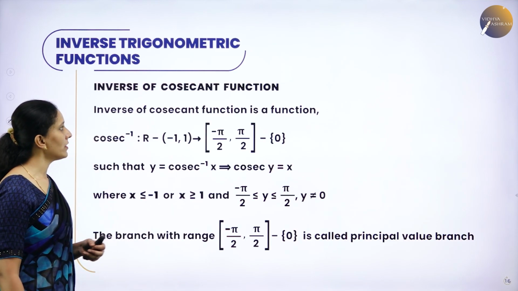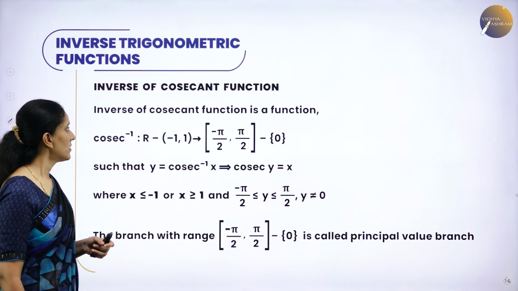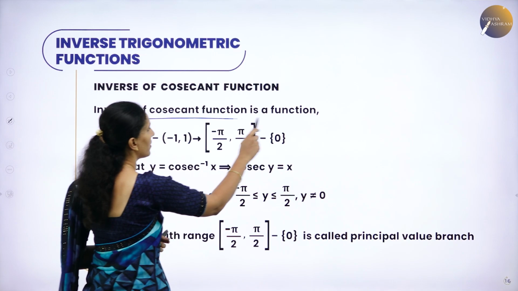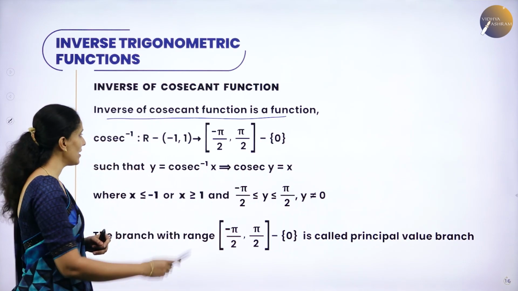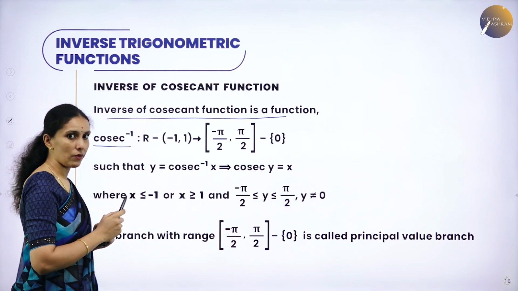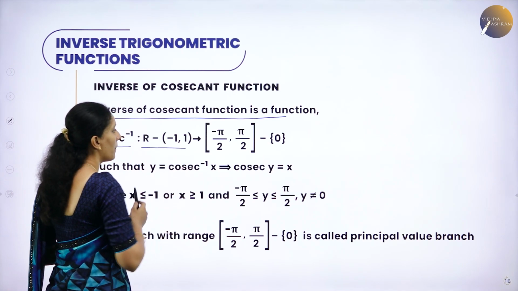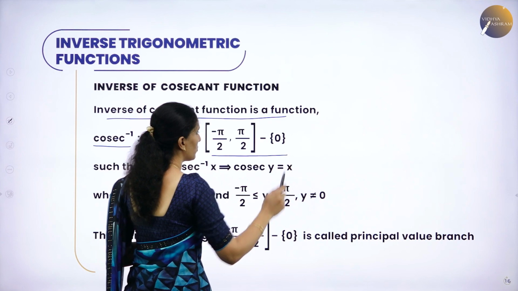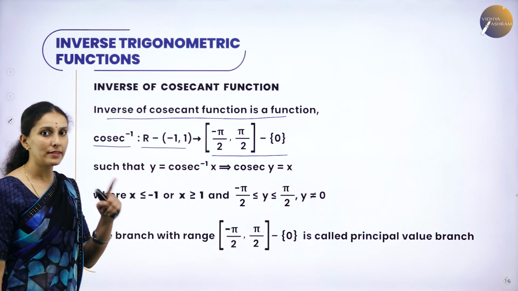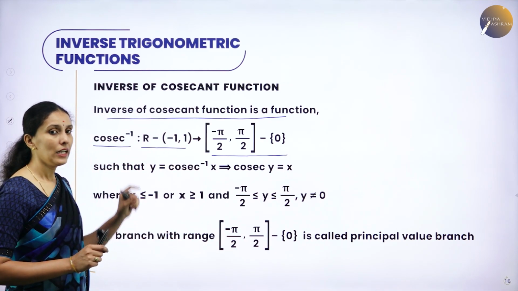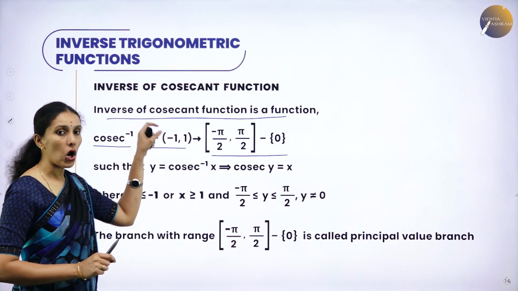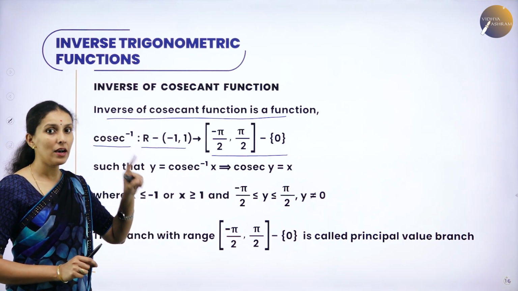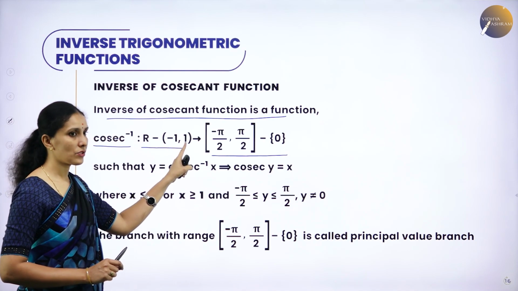Next, the inverse of the cosecant function. The inverse of the cosecant function is a function defined as cosecant inverse from R minus (-1, 1), and the range is from -pi by 2 to pi by 2 except 0. The domain elements can take all the elements of the real numbers except the interval -1 to 1.